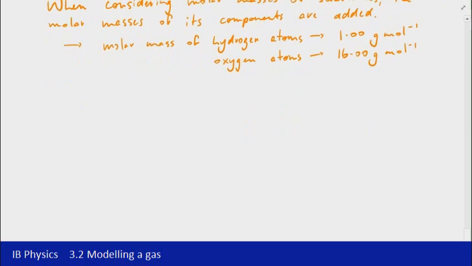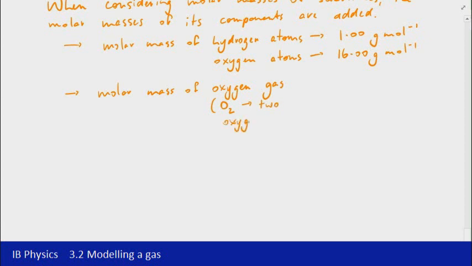Now, if we start to look at some gases, the molar mass of oxygen gas. Oxygen gas is not just individual oxygen atoms, it's actually O2, so 2 oxygen atoms bonded together.